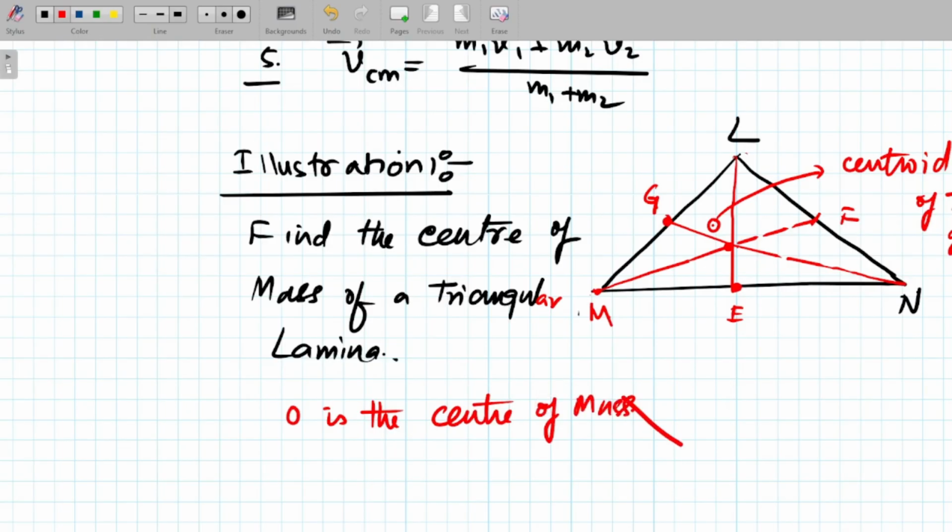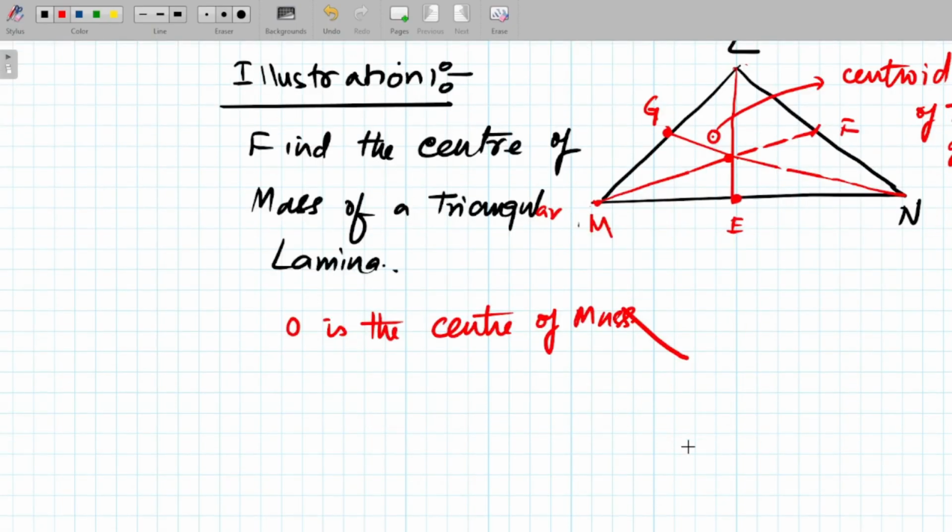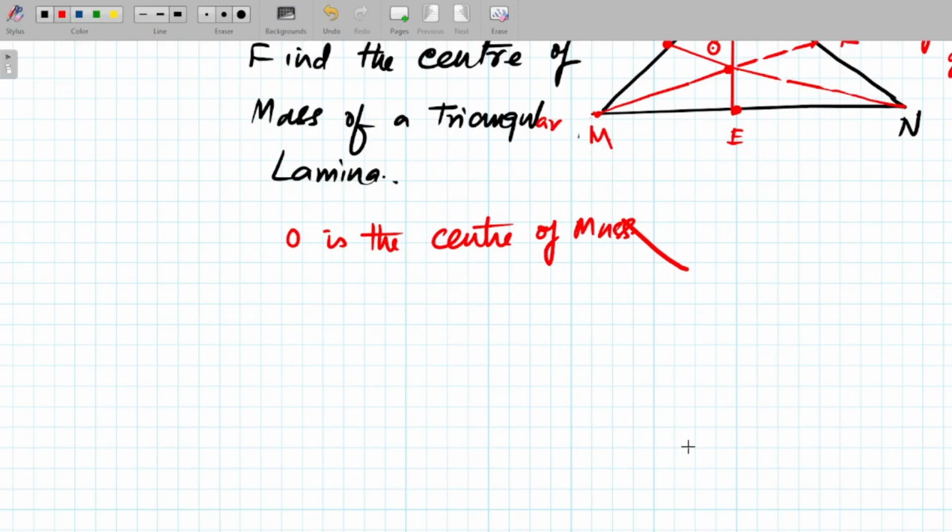Let us take another question. But before I declare that it is the centroid, did you have an idea where exactly it will lie?